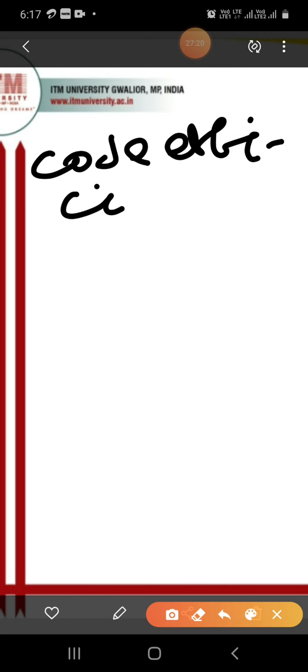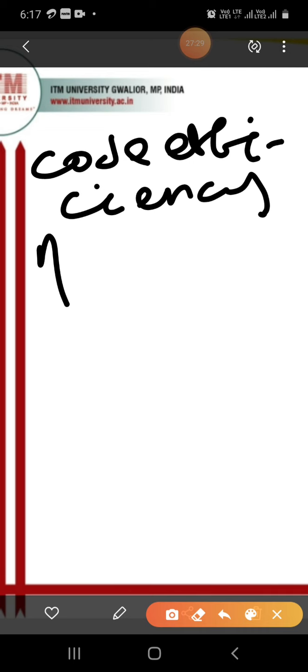Now the code efficiency, which we have to calculate finally.